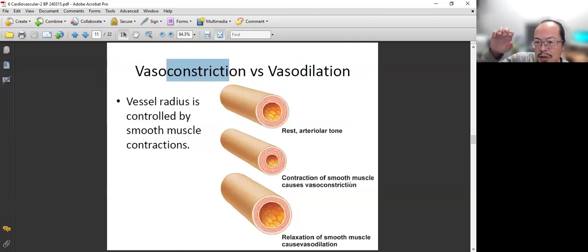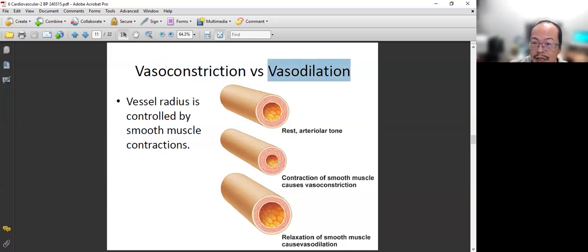When smooth muscle contracts, you cause vasoconstriction. Maybe I can have that as a quick question: when blood vessel smooth muscle contracts, would that cause vasoconstriction or dilation? It causes vasoconstriction. And if the muscle relaxes, it causes vasodilation.